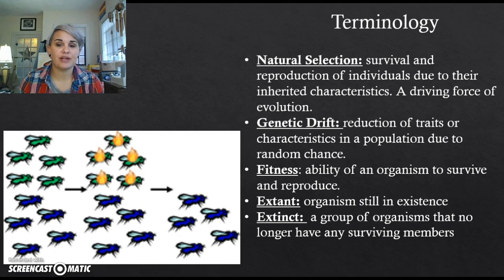An extant organism is still in existence. Humans are extant. Apes are extant. Fruit flies are extant. And then we have extinct. A group of organisms no longer have any surviving members. So those would be some of the dinosaurs, stuff like that.